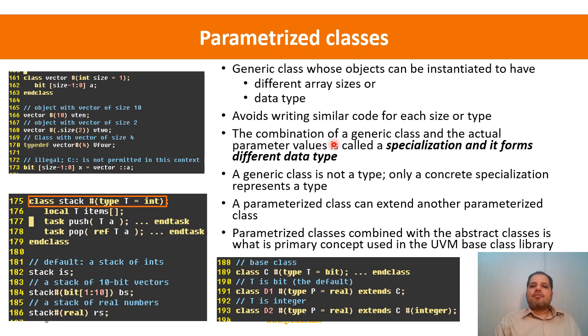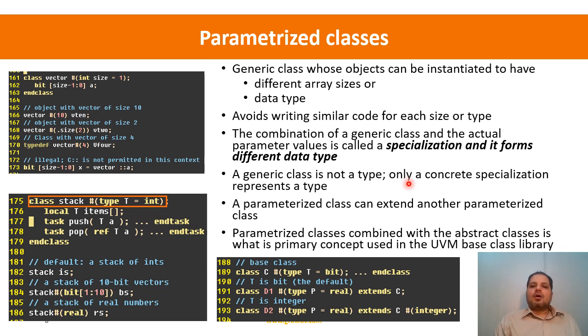The vector is a generic class, and we have defined a default value for the parameter. So the generic class along with the actual parameter value, here a parameter value of 10 plus the generic class vector, actually becomes a data type called v10.